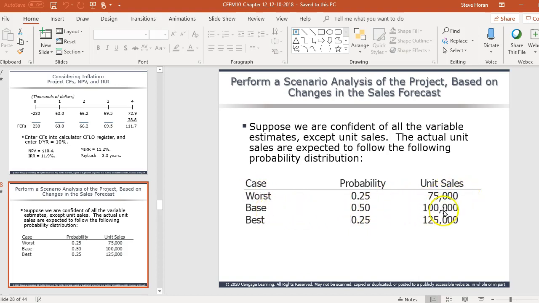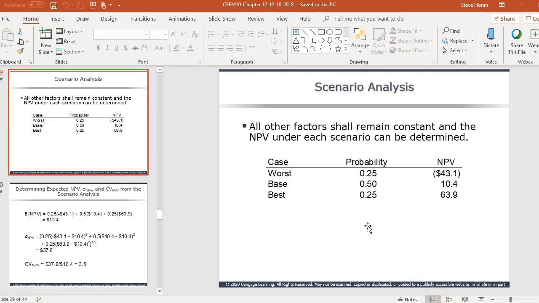The base case is we sell 100, and the best case is we sell 125. With those three, I can apply a probability to each, and each probability will then help me figure out what is the risk of the project.